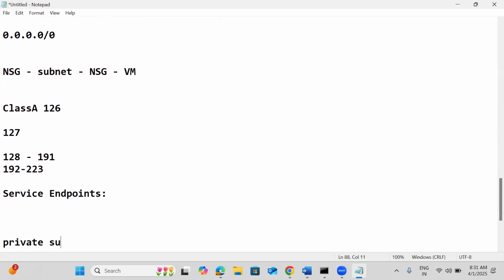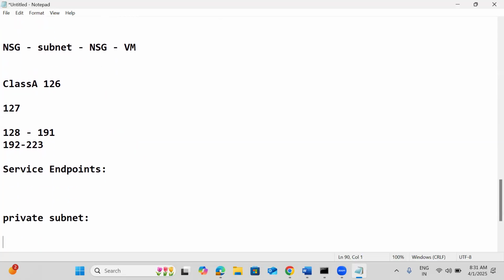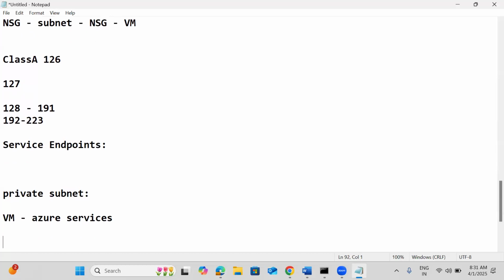With a private subnet, it won't get internet, and we can't access those resources either. But say I have one VM in the private subnet, and this VM wants to communicate with Azure PaaS-based services like Azure SQL, storage, or Kubernetes.